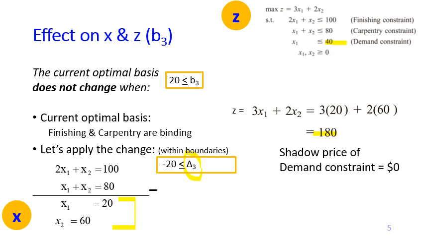So when we increase the demand from 40 to 41, it does not affect the z value of the profit that we get. Remember that this result only applies whenever we are staying in the boundary where the change will keep the current optimal basis optimal.